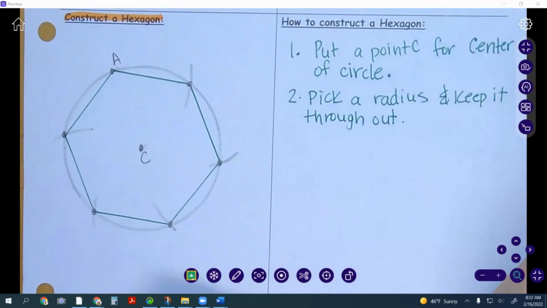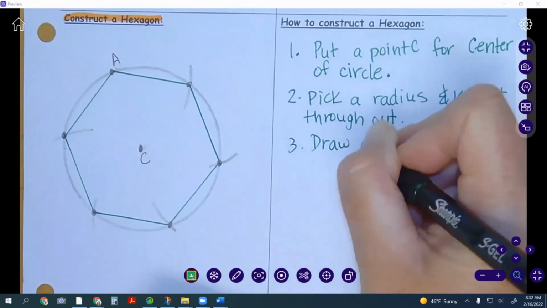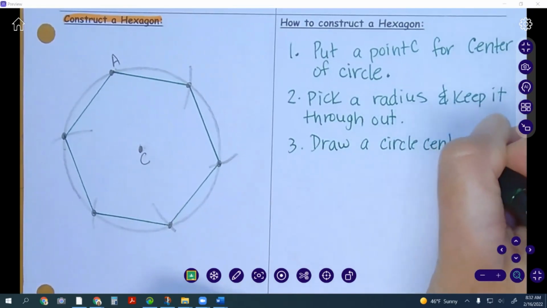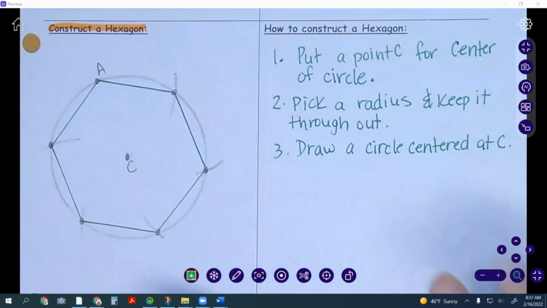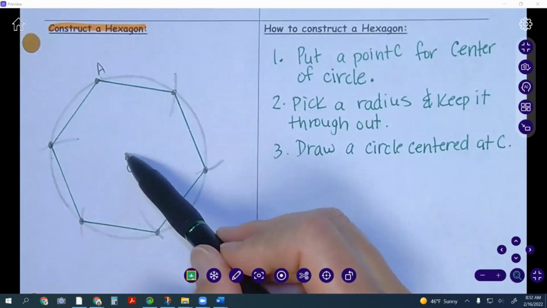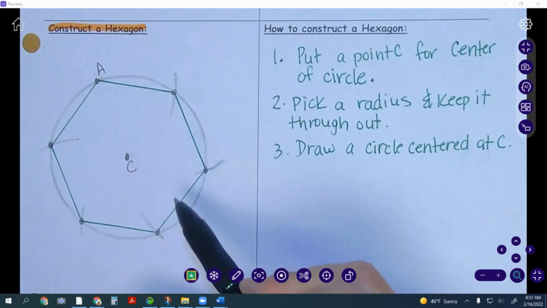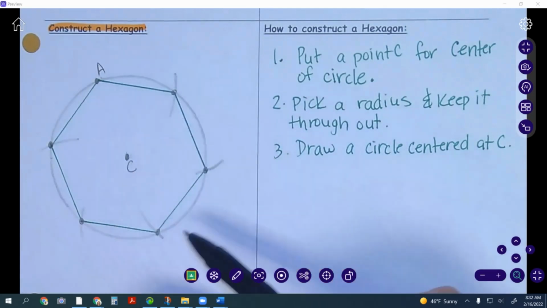And draw a circle centered at C. So again, I put this down, I pick a radius. I make sure I keep that radius throughout this problem. I use that radius to draw the circle that I originally started with, the one you see in pencil.